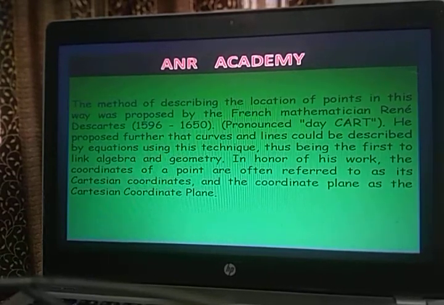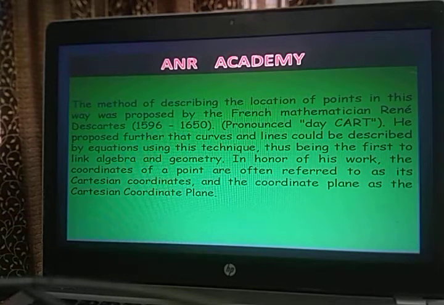So now let us know about the history of coordinate geometry. The method of describing the location of points in this way was proposed by the French mathematician René Descartes. He proposed further that curves and lines could be described by equations using this technique, thus being the first to link algebra and geometry.